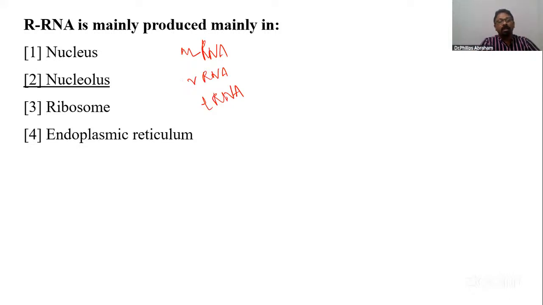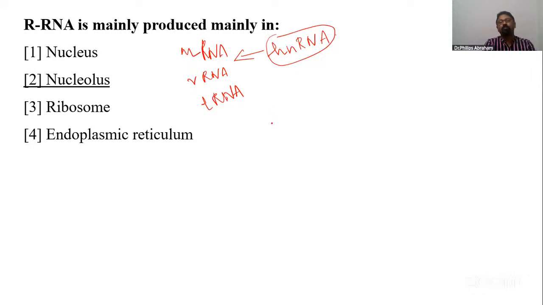More than this, we have some more RNAs. Please note, for the transcription purpose, during mRNA synthesis, first mRNA is not produced straight away. What is produced is hnRNA, heterogeneous nuclear RNA. That's the one that converts to mRNA. So hnRNA is a precursor of mRNA.